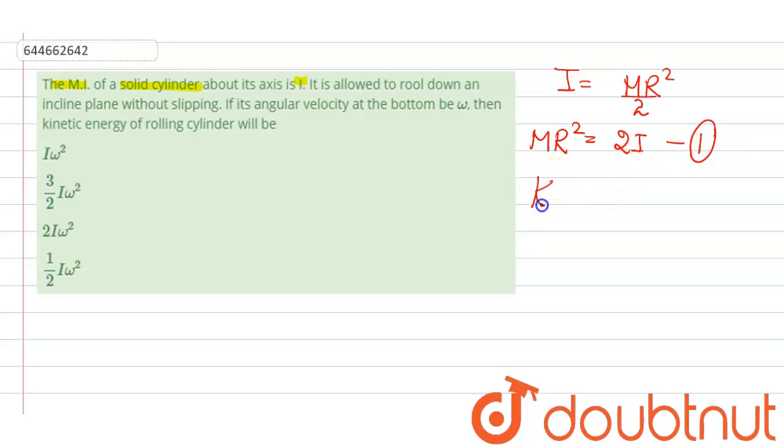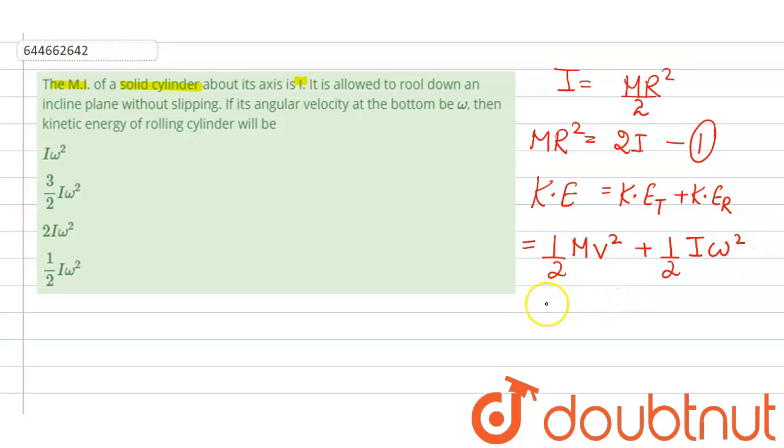Now we have to find the kinetic energy of the rolling cylinder, which is equal to the kinetic energy of translation plus the kinetic energy of rotation. The kinetic energy of translation can be written as half m v square, plus the kinetic energy of rotation, which can be written as half I omega square.